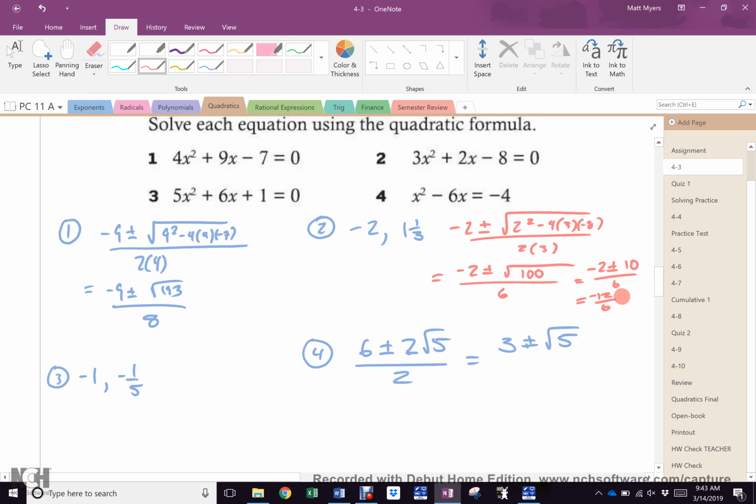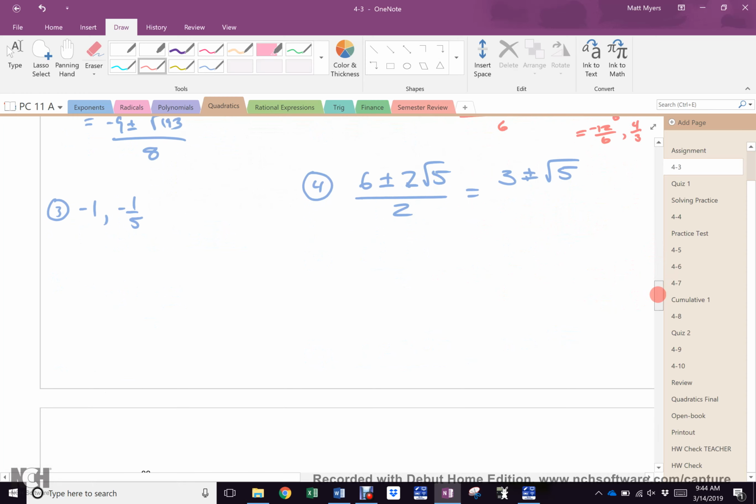Or positive 8 over 6, which is 4/3. Anything else? If you can't do these in your head, of course you are doing it with your calculator.